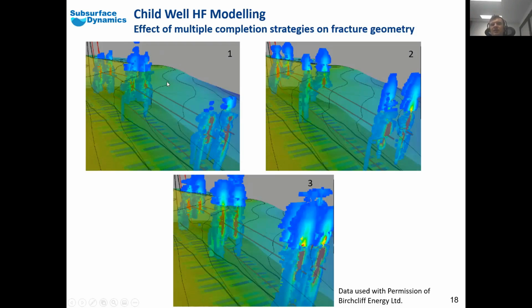But depending on the sequence in which we pump those wells, you can see that we can either maintain our fracs within the zone, or we can completely push them out of the zone. So zipper fracking can be your best friend or your worst enemy. That's why it's extremely important to predict and model it properly, to understand where your fracture geometry is preferentially going and how we can alter it if needed.